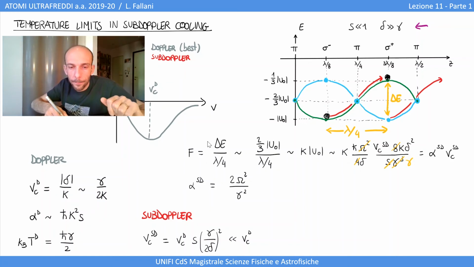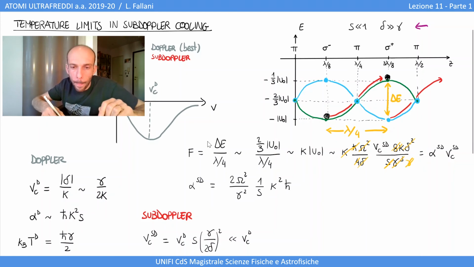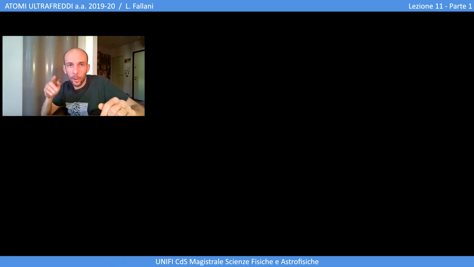Then I have S. Then I have k square, h bar. We have delta, so delta square divided by delta makes delta, divided by gamma. That's all, because only VC subdoppler has been left.